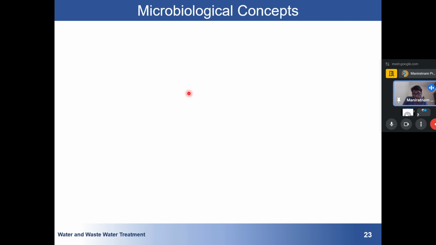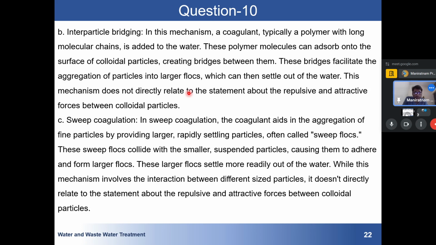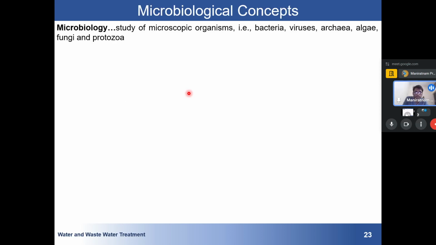So whenever you see things, try to see where those things are around you. Everything I have said to you is around you only. The advantage of the environmental engineering department is that you can directly relate those things with your surroundings, with your water, what is happening to your water, whether your water is good or bad, you can just check it. Okay, so the microbiological concept.